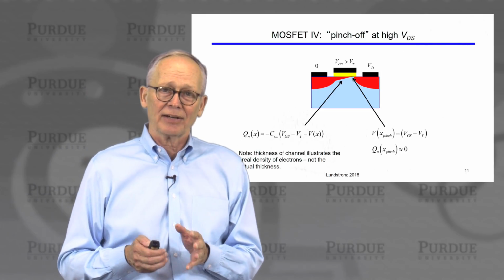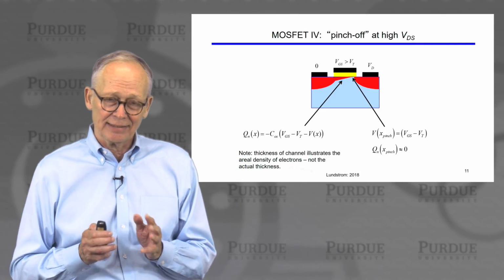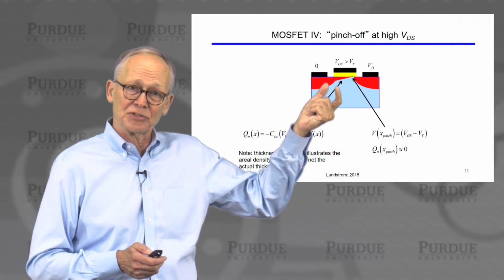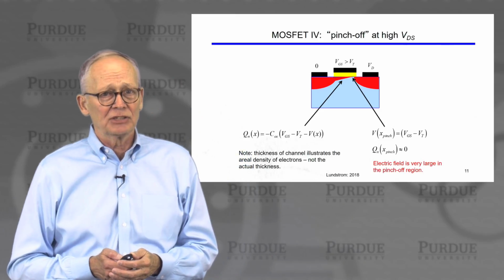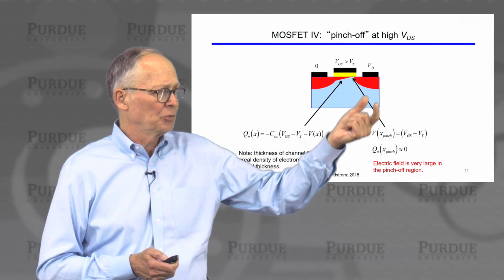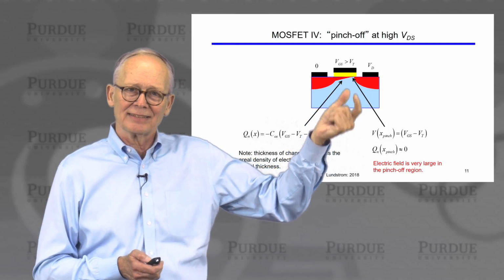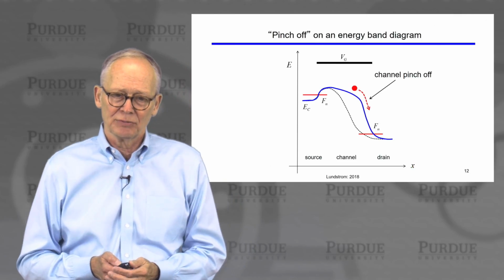And it means in order to carry the current, the charge has to be moving very fast. To get the same current, it has to be moving much more quickly than back here, where there's a lot of charge to carry the same current. So the electric field is going to be very high in this region where we say the channel is pinched off. There's no longer a significant concentration of electrons, and that's going to help the electrons go very fast.